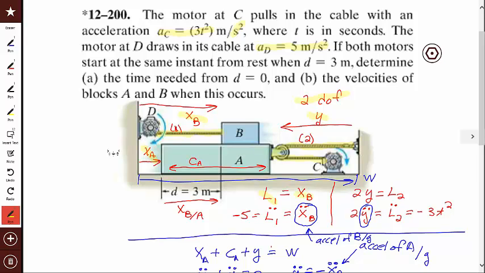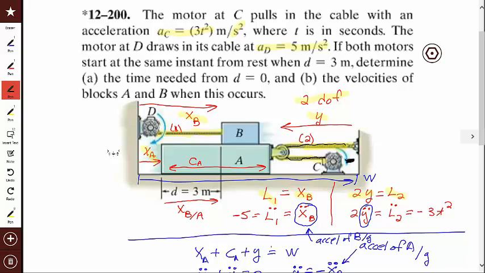The length of rope 2 is 2y, because you have a length along here, which is a distance y, plus or minus some constants, but keep in mind I'm going to differentiate it, so I'm not too worried about constants. And then here's another distance right there, and this is a constant in here, so I'm not going to worry about that. So that's the length of the second rope.